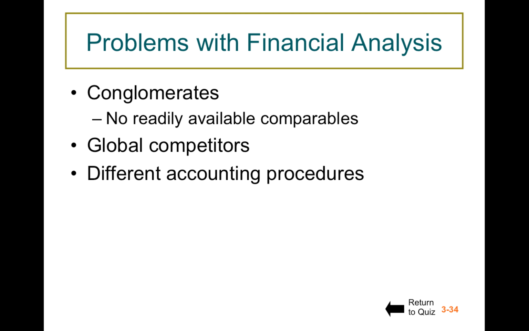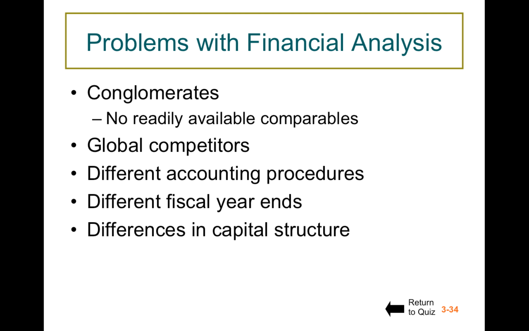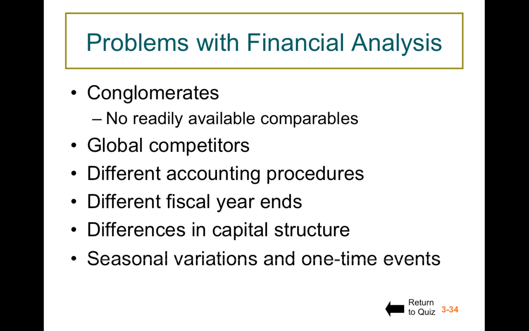Sometimes, especially with global competitors, there could be different accounting procedures, different fiscal year ends, depending on what you're talking about. Differences in capital structure. Some firms might be more exposed to debt, others may be less. And then, of course, seasonal variations and one-time events. So a lot of these things can be problematic when trying to gauge one firm's performance relative to others.